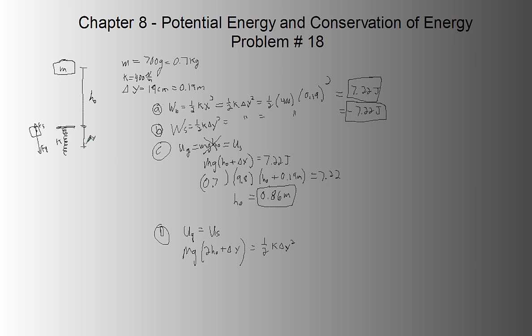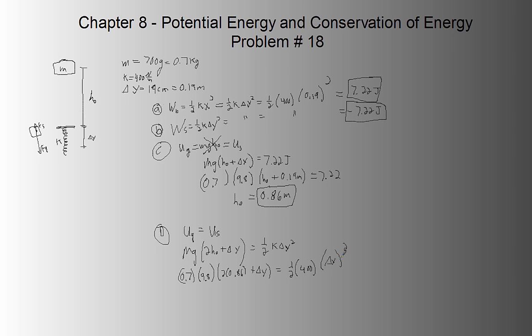This delta y is going to be a new delta y, different from 0.19. It should be larger if we dropped it from a higher height, right? Because more gravitational potential equals more spring potential and a farther compression. Alright, stick them in. 0.7 for the mass, 9.8, 2 times 0.86, which we just found in part C, plus delta y equals 1/2 times the spring constant, 400, times delta y squared.